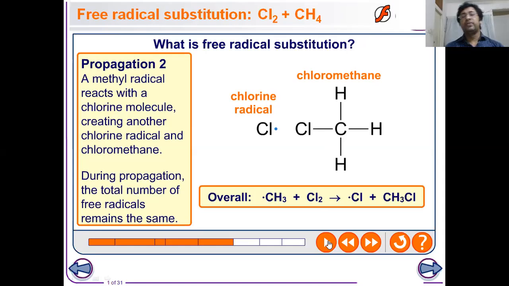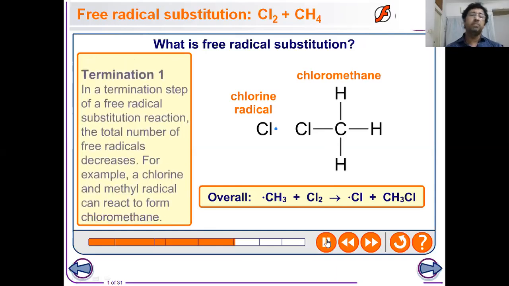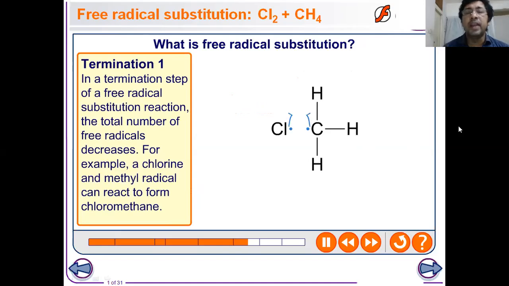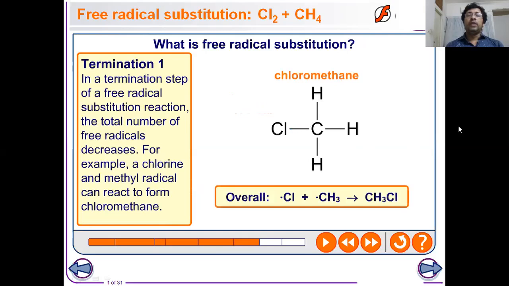The next step of this free radical substitution is the last step, that is called the termination step. In the termination step, all the free radicals will join together. There are 3 different free radicals available in the reacting vessel. One is chlorine free radical, and the other is methyl free radical.